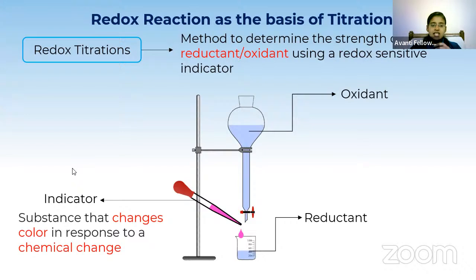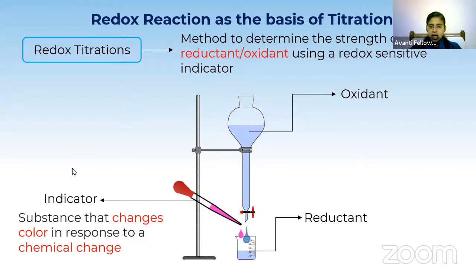If a chemical reaction happens, it will show the color change, and by seeing it we can identify that the reaction has occurred and stopped at that particular point. If it doesn't change its color, then the reaction has not happened. That is the job of the indicator.